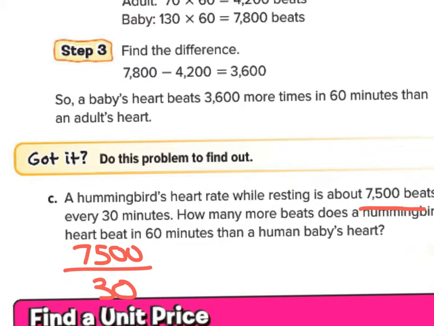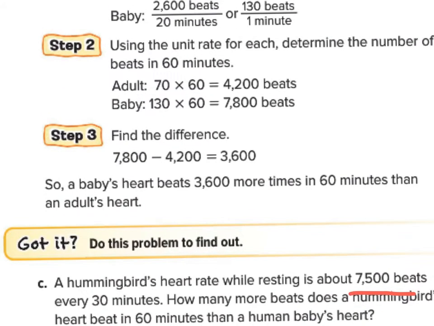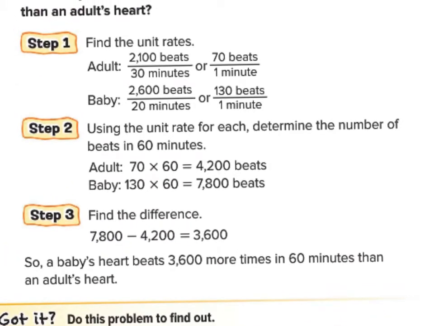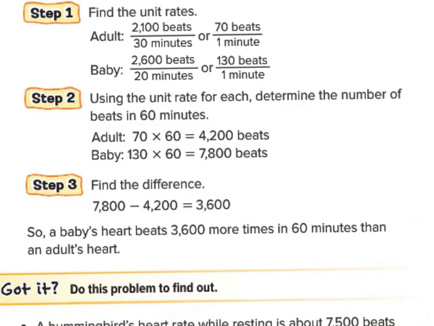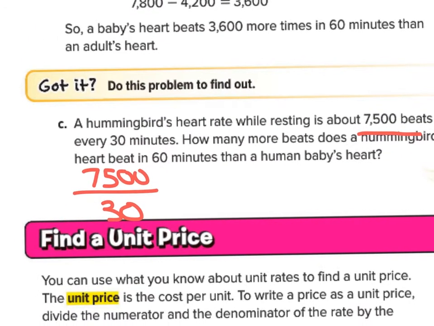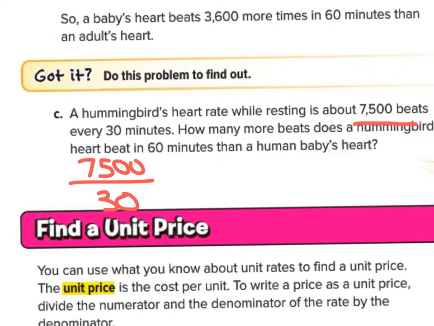They're asking how many more beats does a hummingbird heart beat in 60 minutes than a human baby's heart? So now we're going to compare to the human baby's heart, which is right here. Okay, human baby heart. There it is. 2,600 beats in 20 minutes. We need more white space to write this.